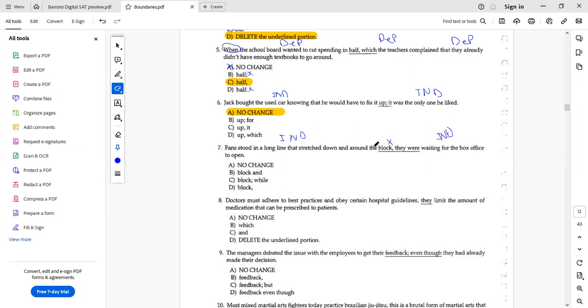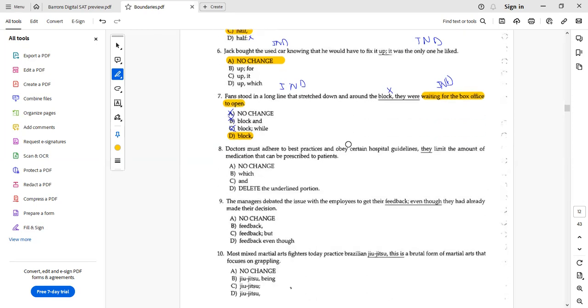You might say the block and waiting, but we must have stretching here, so stretching and waiting are parallel. Semicolon while is wrong. Semicolon dependent is wrong. So the answer is going to be the last one. How, teacher? Because you change the second one to be a modifier. Waiting for the box office is going to be a modifier.